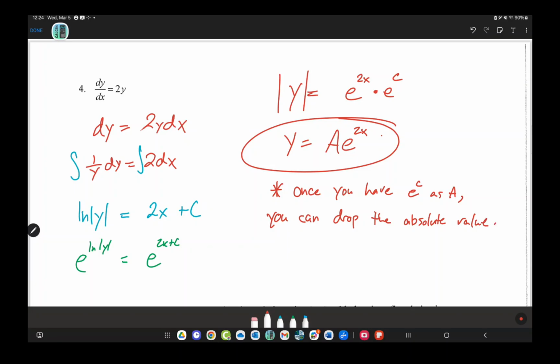The reason for that is, A, your initial value is generally positive, so there's no way we're going to get a negative value in there. And no matter what you plug in for x, e to the 2x can never be negative.